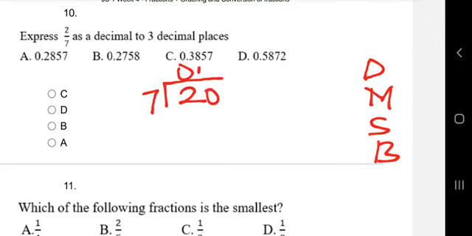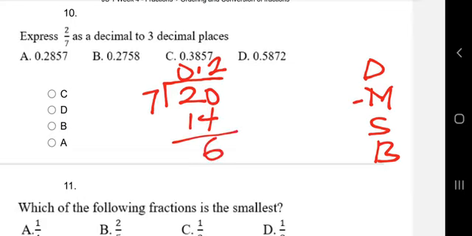We then have 0 added, that gives 20. 7 in 20 will give us 2. Then 2 times 7, that is M there, which is 14. When you subtract, you have 6.